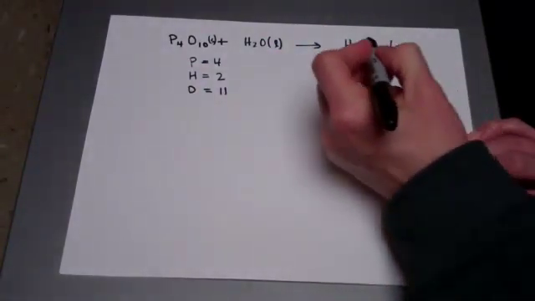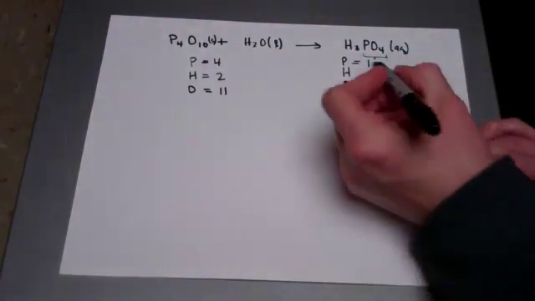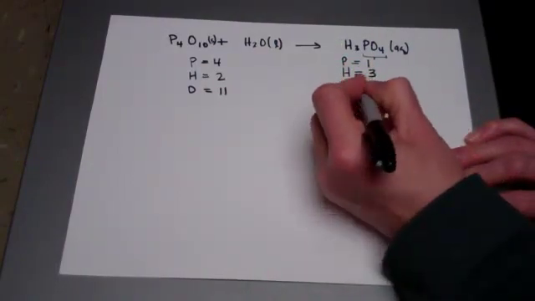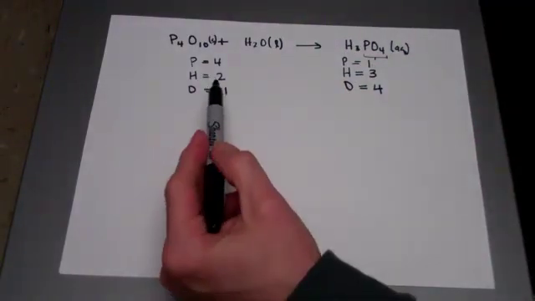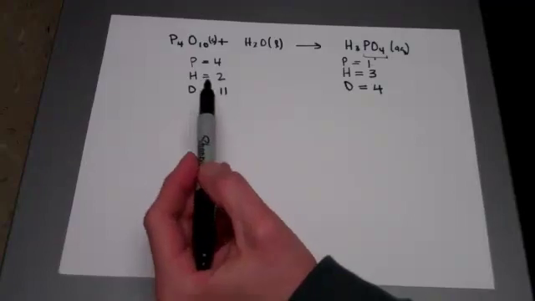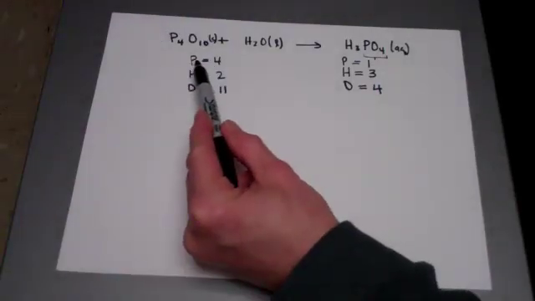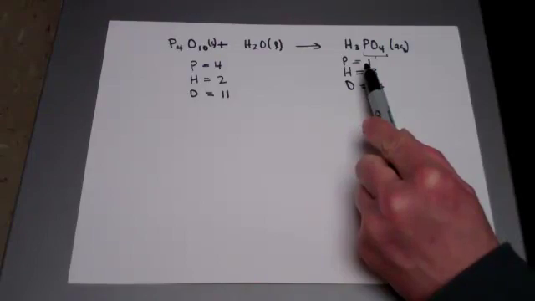Put them in the same order. So for phosphorus right now, I only have 1. Hydrogens, I've got 3. I don't like odds. And oxygen, I have 4. So we have quite a bit more oxygen on this side of the equation than we do on this side. And we also have quite a bit more phosphorus on this side of the equation than we do on this side.